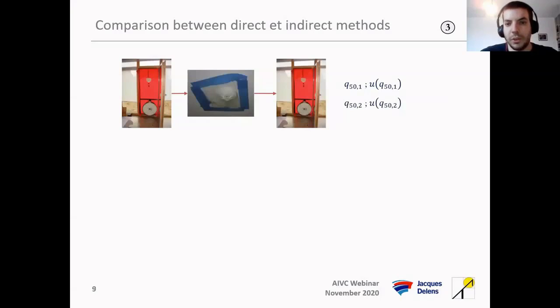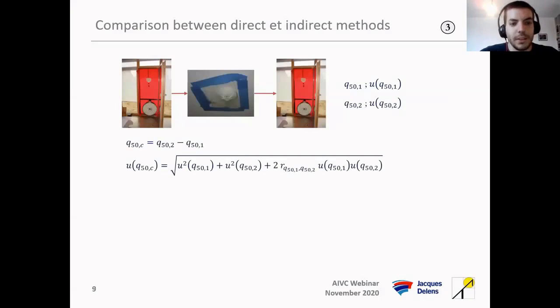So we have Q51, Q52 for the two pressurization tests, each with their uncertainty. And so you have the air leakage rate at 50 Pascal for the component, given by the difference between both fan pressurization tests, and the uncertainty of this air leakage rate is given by this formula that I will not give in more detail.